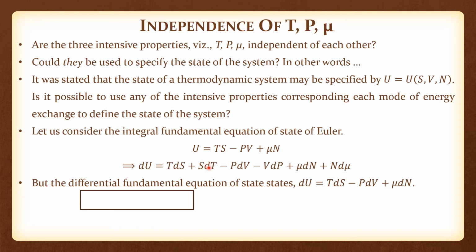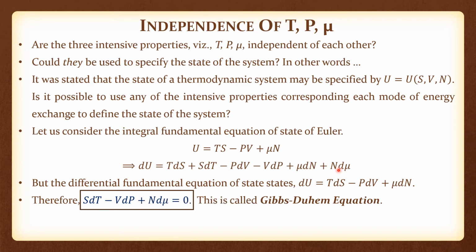So these extra terms have to add to 0. Therefore, S dT minus V dP plus N dmu must equal 0. This is called the Gibbs-Duhem equation.